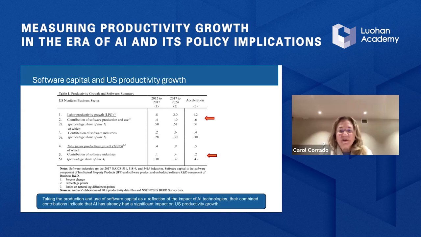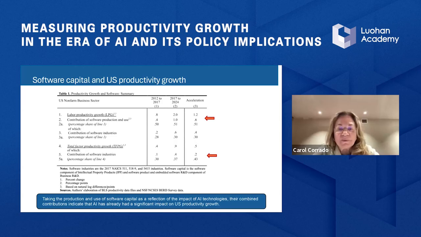results. First of all, I want to direct your attention to line 1 and the difference between column 1 and column 2, where from 2012 to 2017, you had a fairly low rate of labor productivity growth. But by 2017 to 2024, labor productivity growth in the United States actually averaged about its historical average going back, well, at least to 1947, and I think you could even go back much further than that.